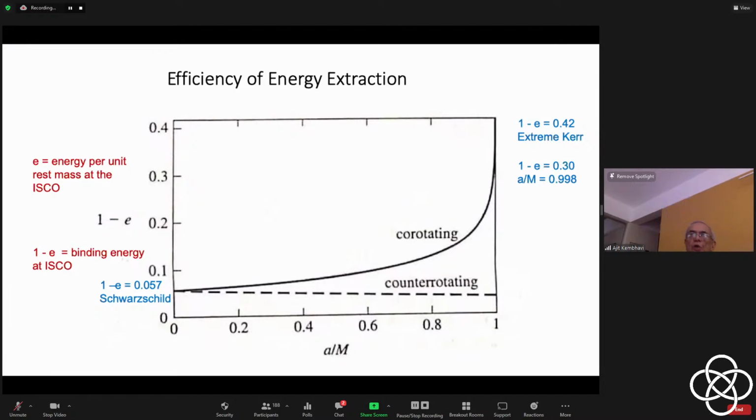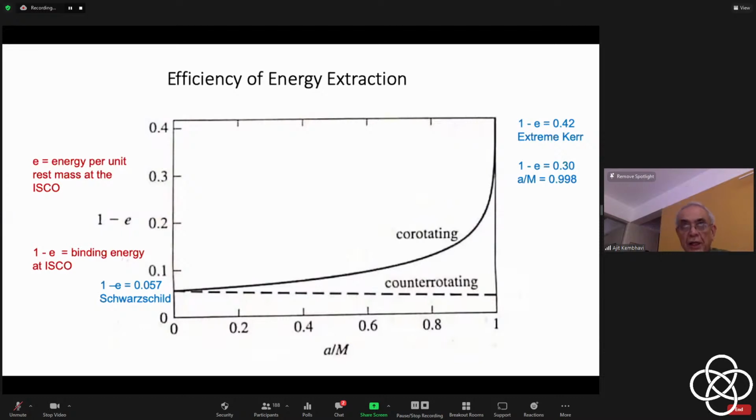So what can you compare this efficiency with? You compare it with the efficiency of nuclear fusion processes. When you've got nuclear fusion, you're bringing together 4 hydrogen nuclei, which are just protons, and out of that forming helium and releasing energy in the process.